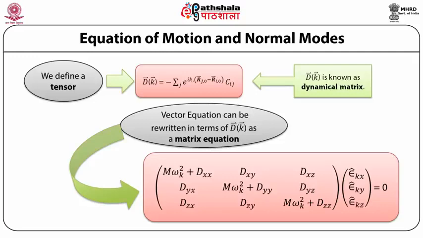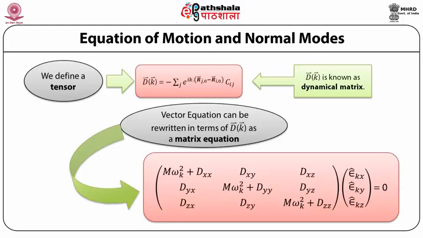Because remember that Cij is a 3 by 3 matrix, so naturally Dk will also be a 3 by 3 matrix. Now what you see here right now is an equivalent expression of the last equation of the previous slide.